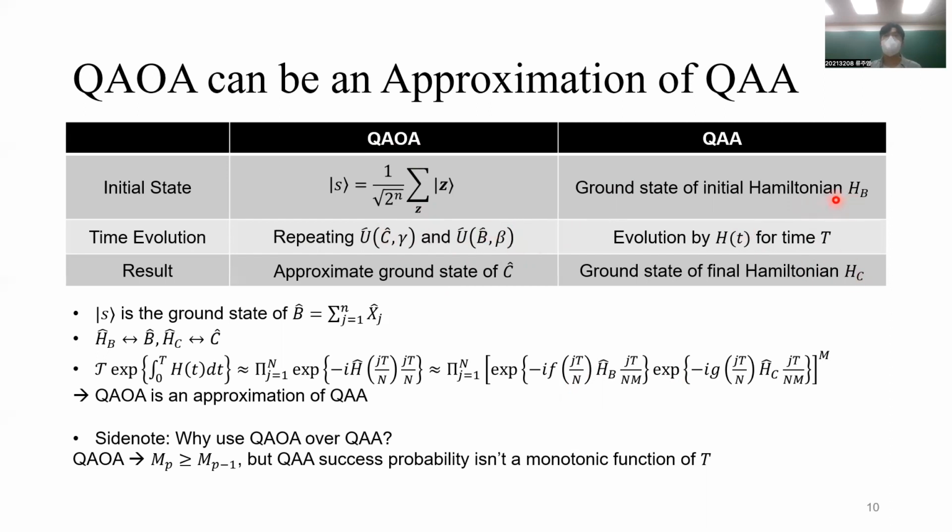But the parallels go even further, because the initial state, which we can factor out into just plus states, is the product of plus states, and that is exactly the ground state of this B Hamiltonian. And the resulting state is the approximate ground state of C. For the QAA, it is also the approximate ground state of HC. So we can see that the QAOA and QAA are very closely connected.